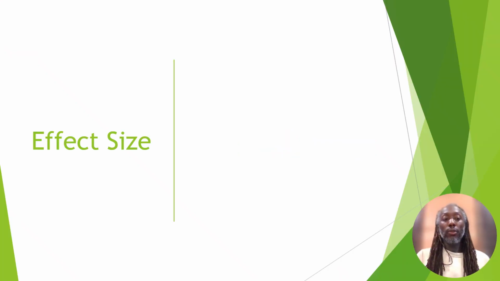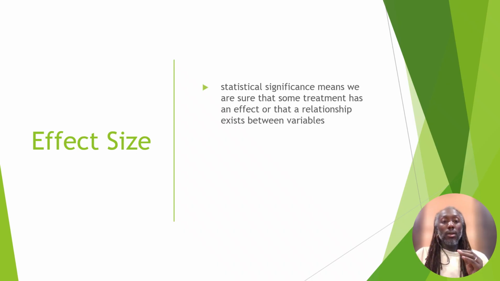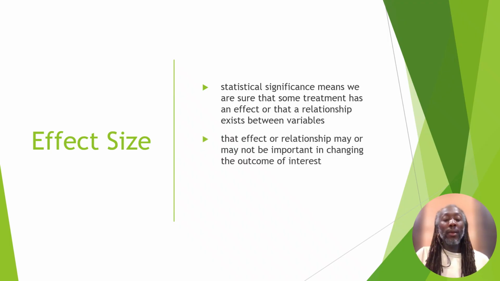What we commonly refer to as significance equates better to effect size in statistics than it does to statistical significance. You see, statistical significance just means that we're sure that there is some sort of effect or relationship, but that effect or that relationship may or may not really be an important one.